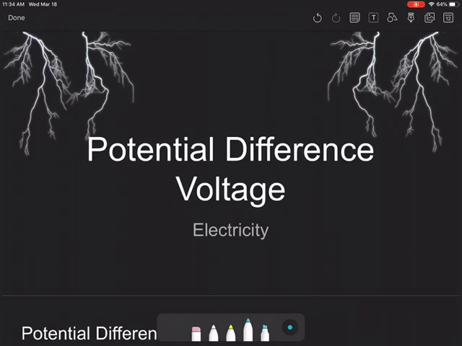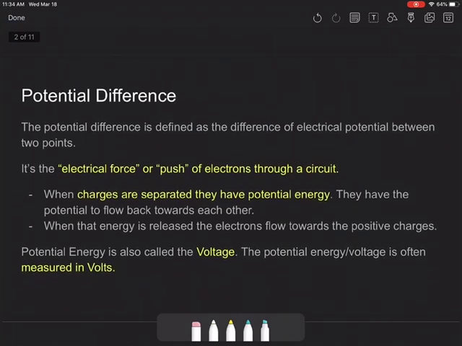This is just part of our electricity unit, and we're going to introduce a new term: potential difference.